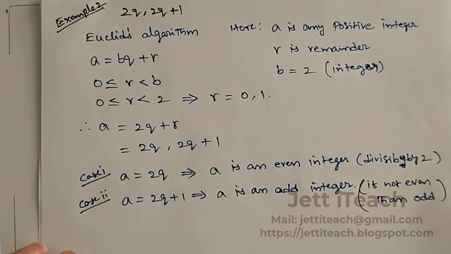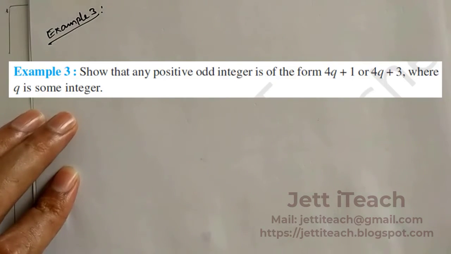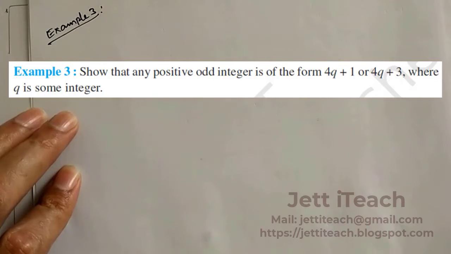So next, example 3: show that any positive odd integer is of the form 4q plus 1 or 4q plus 3, where q is some integer.